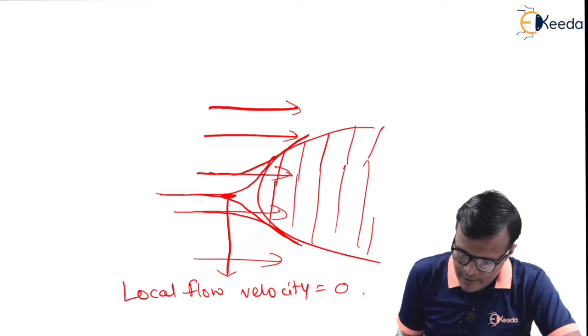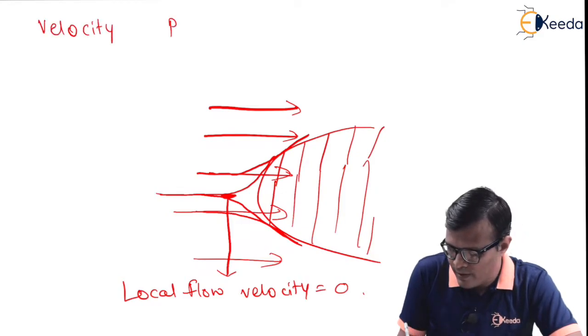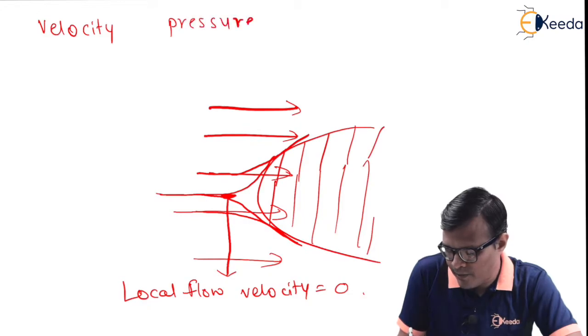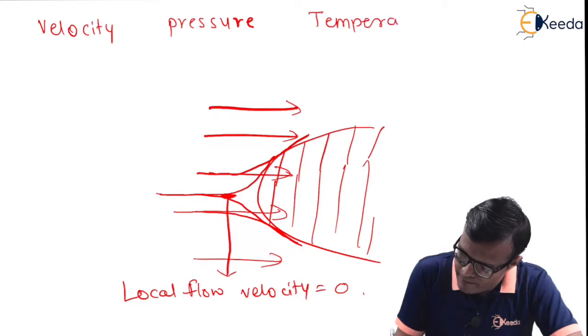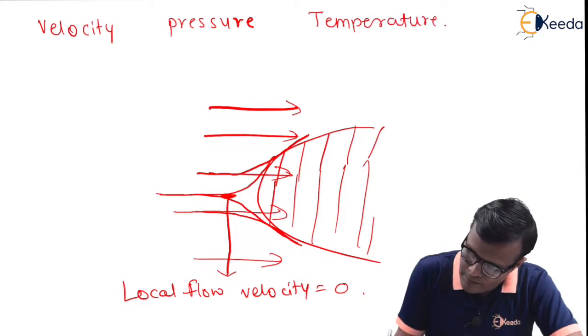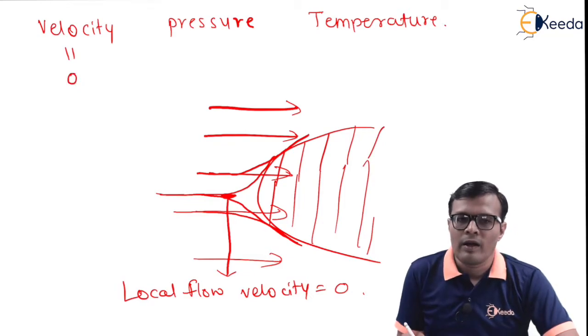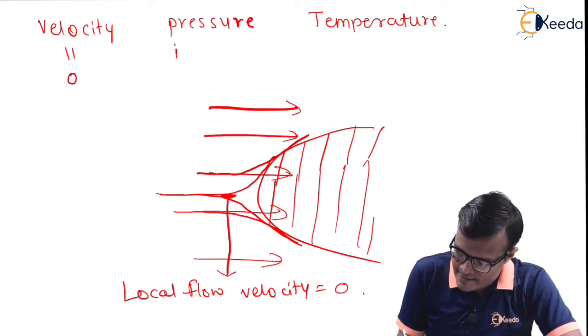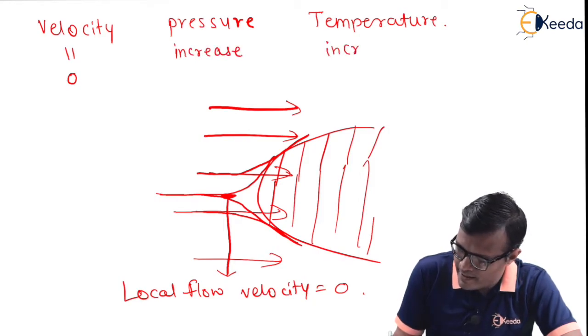There are a total of 3 parameters: first is velocity, second is pressure, and third is temperature. If velocity at the stagnation point becomes 0, it results in an increase in pressure as well as an increase in temperature.